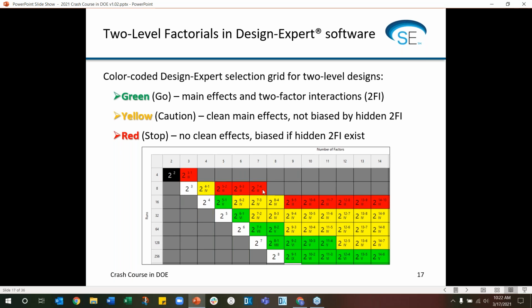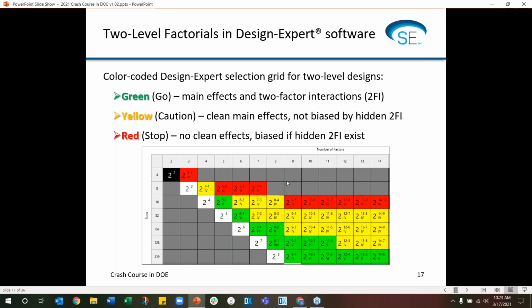The red designs, some people tend to go to those because they're so small. There are problems with those. Although they look like they'll give you main effects, in reality, those main effect estimates are biased if any 2-factor interactions exist in your process. I sometimes hear people say, oh, but I'm not looking for 2-factor interactions, so I could just use a red design.